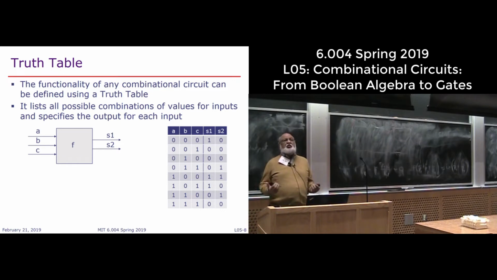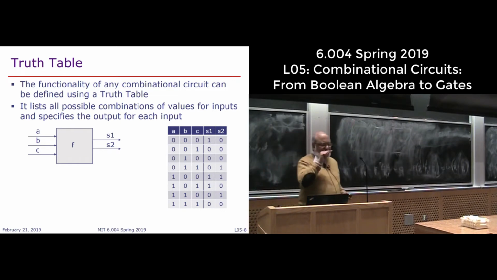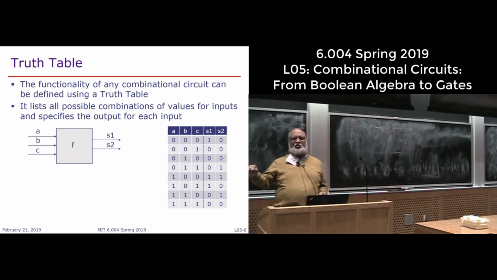It's simply an enumeration of all the possible inputs, and for each input you are specifying what the output is. This circuit happens to have two outputs, S1 and S2, so you have to describe one column for each of them: the output for S1 and the output for S2.